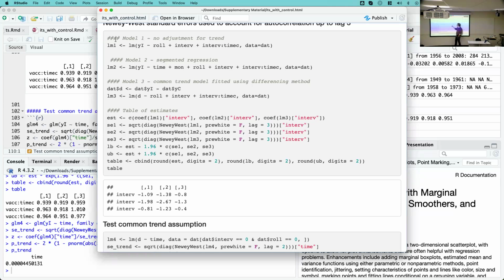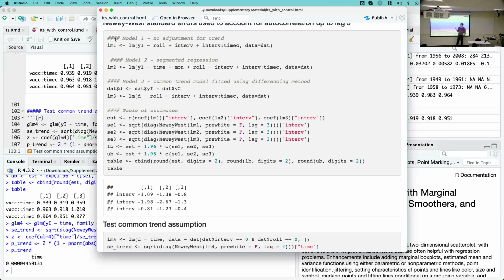Which would suggest, in this particular example of the bacterial infection in hospitals, that the design with a control group is super necessary to get a good causal effect of this intervention. So not only does the design without the control group not give you a similar estimate for the effect of the intervention, but it gives you the opposite direction of the effect.